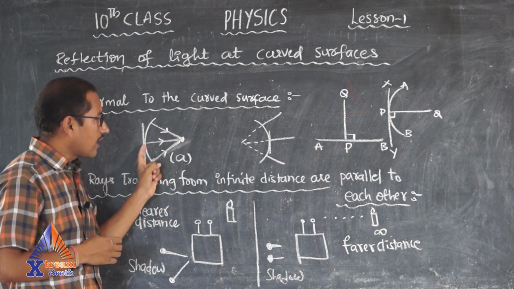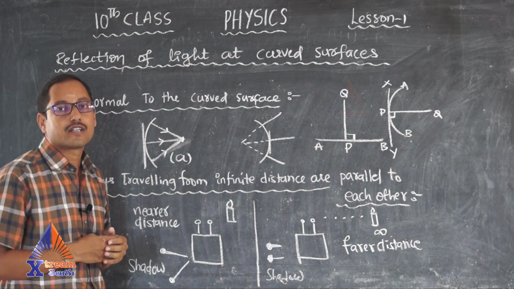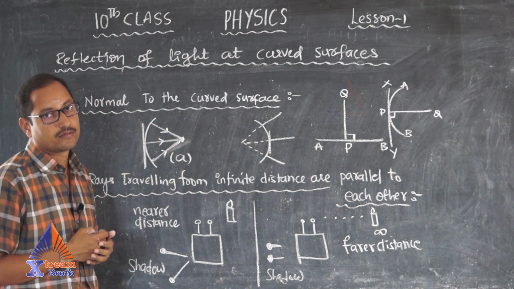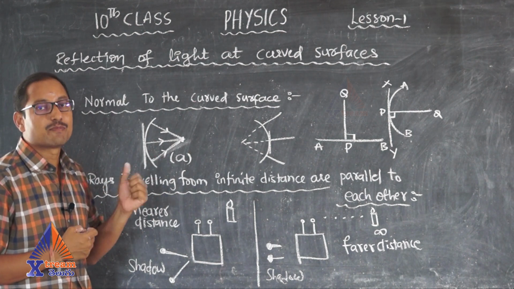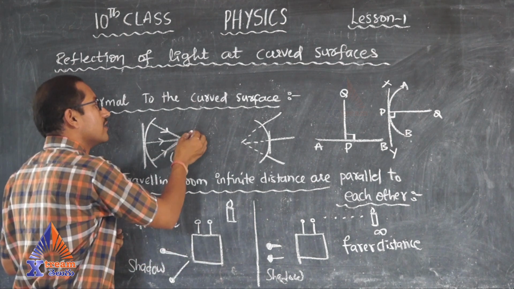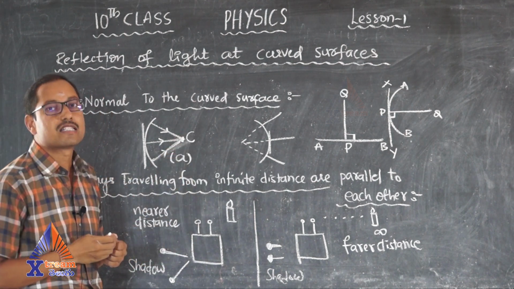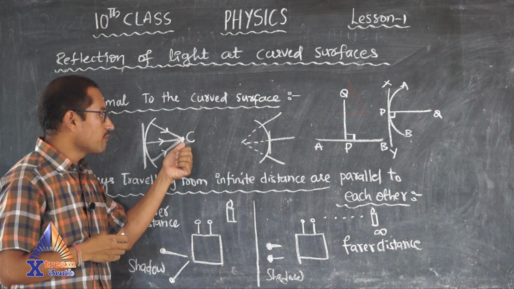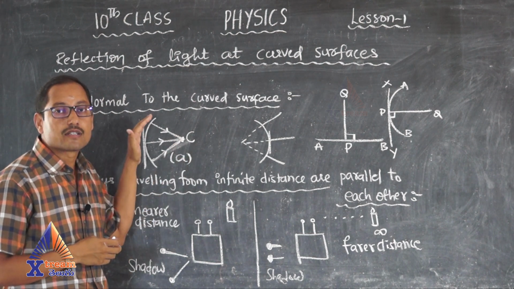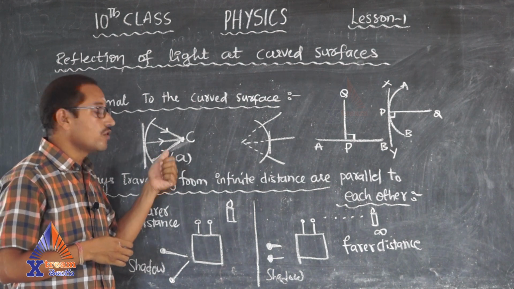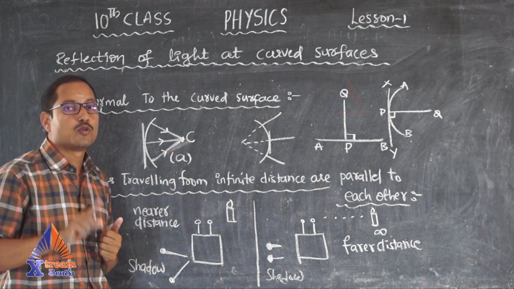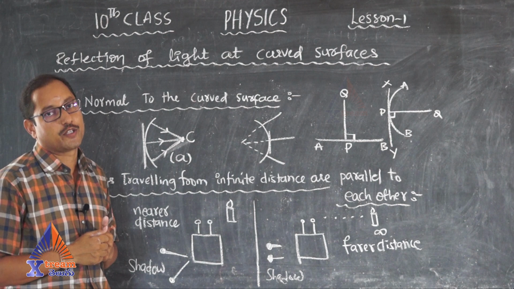These normals are traveling towards each other and meeting at a point. Can you guess what this meeting point could be? This meeting point is nothing but center of curvature C for this concave surface. If you have doubt what is center of curvature, you can refer to the previous videos.